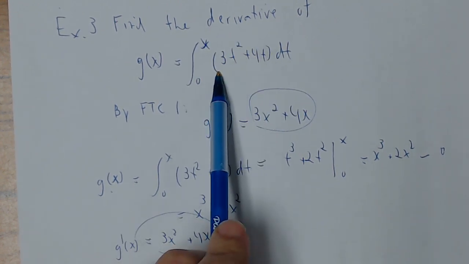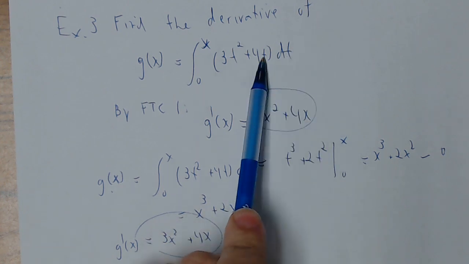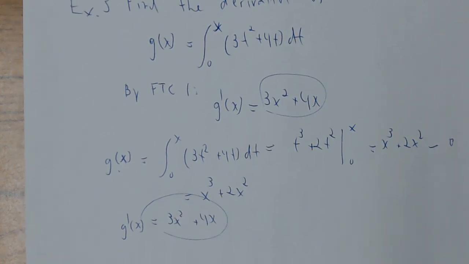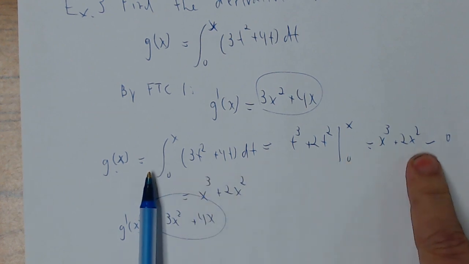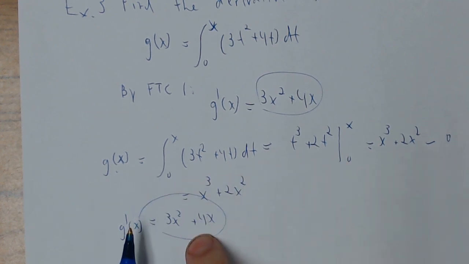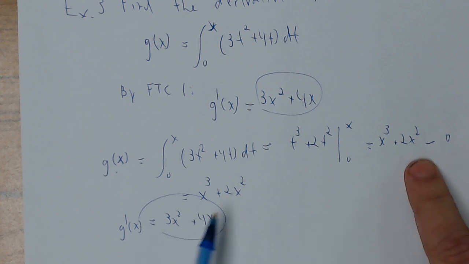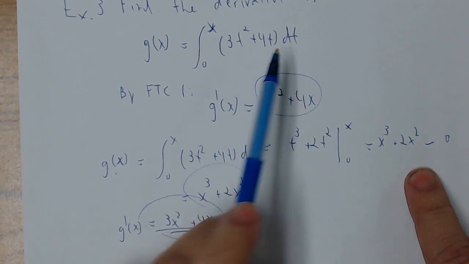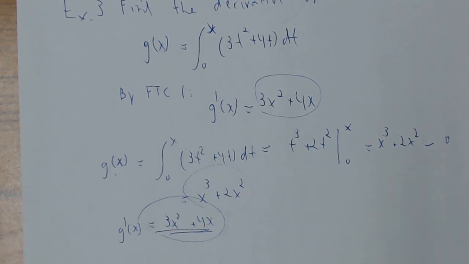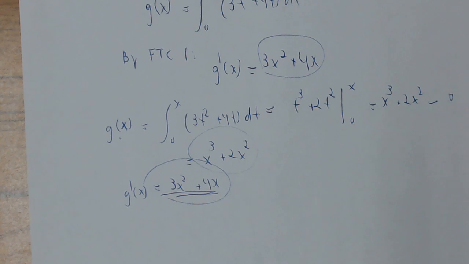So whatever the antiderivative is, I'm finding its derivative, which brings me back to this. Here, I found the antiderivative by hand, and then I found its derivative, which took me back to the function that I found the antiderivative of. So it's kind of like I'm undoing it, okay? So it's just more work than needed.